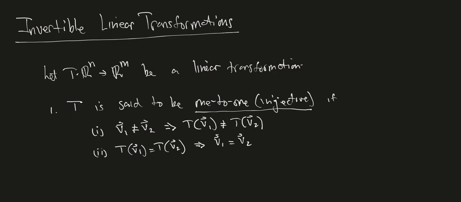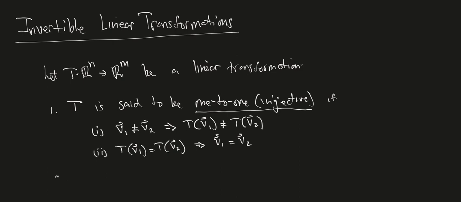If you start with different elements in the domain, then you will end up with different elements in the codomain. Or you can say, if I ended up with the same element in the codomain, then I must have started with the same element in the domain. That's the definition of this transformation being one-to-one.